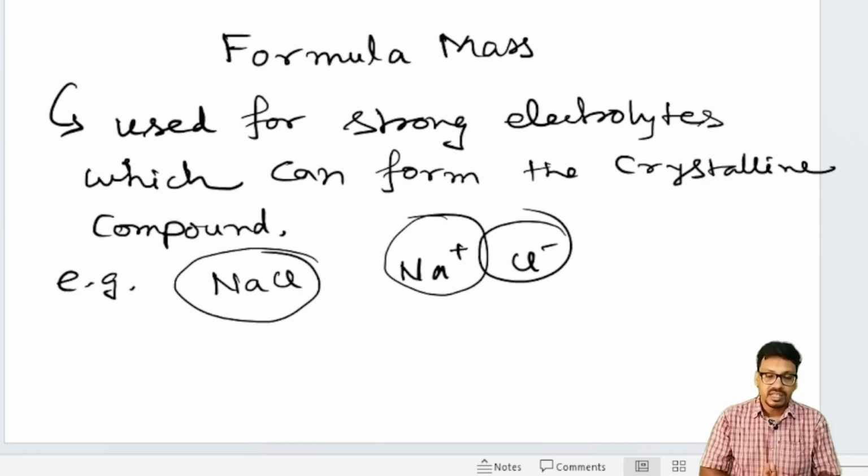So for that reason, in case of the strong electrolyte that can form the crystalline compound, for these types of compound, we cannot say the molecular weight, we say the formula weight.